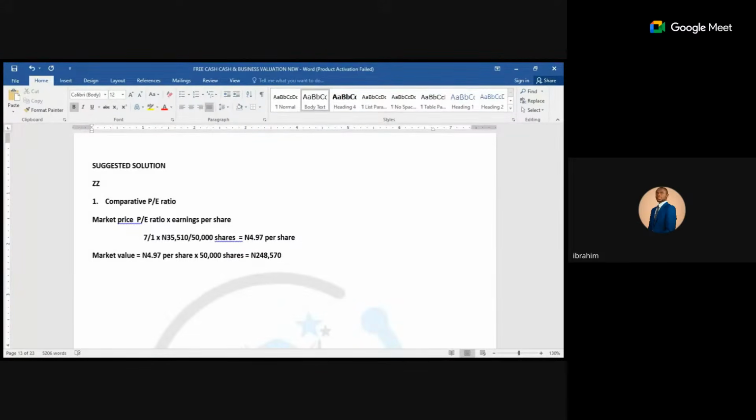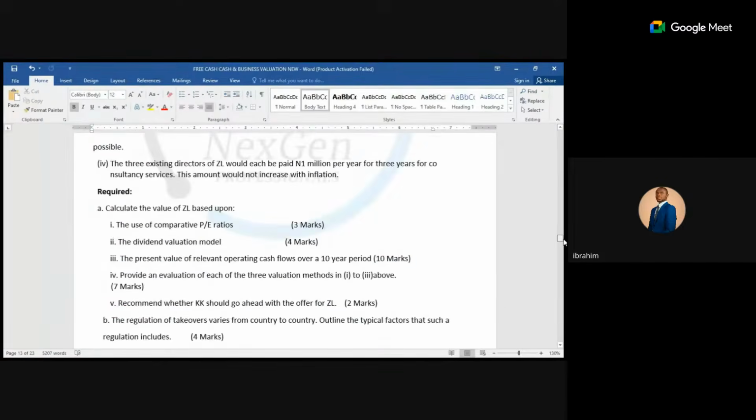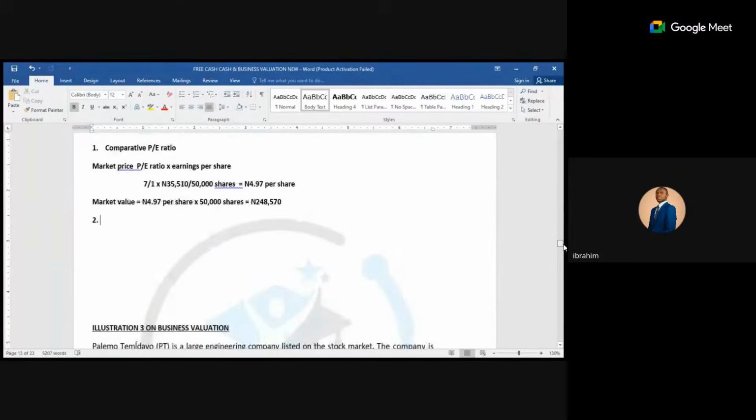We are done with this. So next, we have the dividend valuation model.